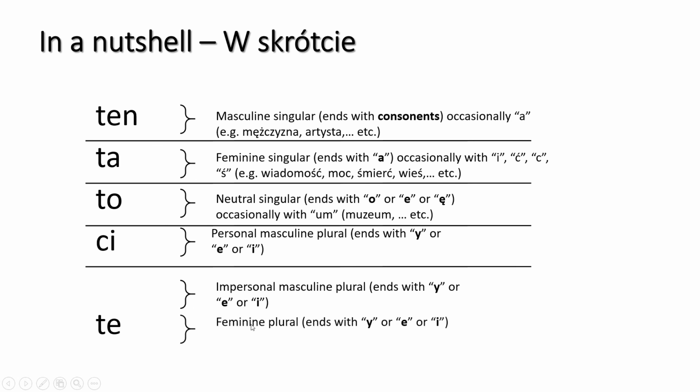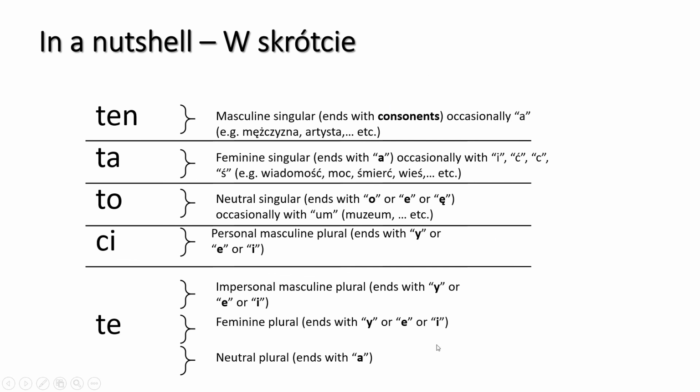And feminine plural, also with e, the same thing. And with neutral plural, with a, like jajko becomes jajka, mieszkanie, mieszkania in the plural. So this is the whole thing.